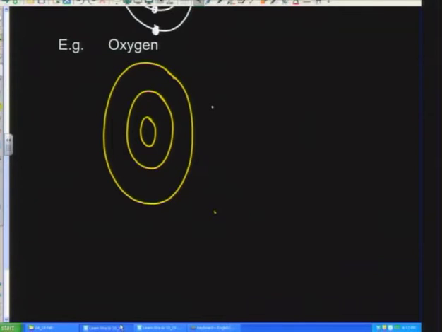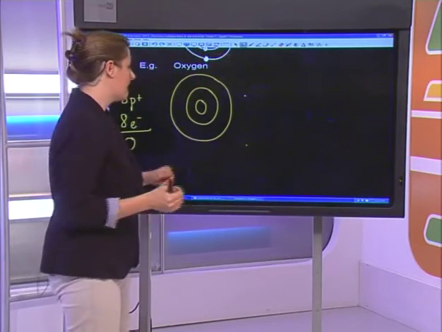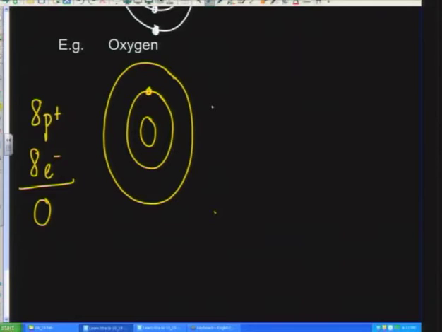So atomic number, and I'm going to write up here 8 protons, 8 electrons, because overall it's an oxygen atom, so it must be neutral, no overall charge. Let's go. If we've got to make 8 electrons, 1, 2, 3, 4, 5, 6, 7, 8.